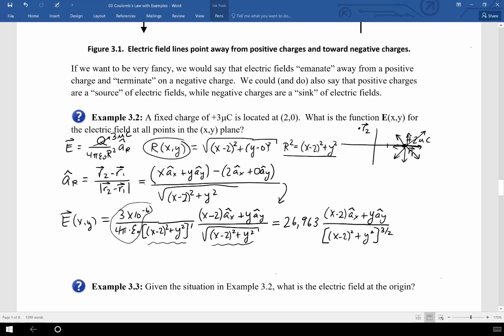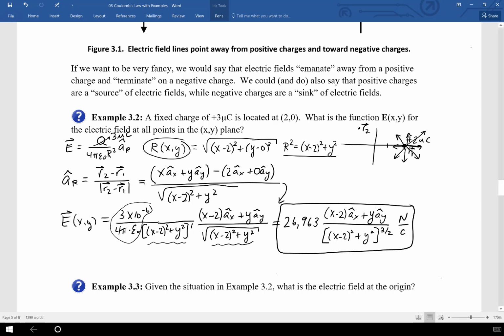And that will all end up being in newtons per Coulomb. So all I need to do is plug in a quantity for x and plug in a quantity for y, and I will then know what is going to be E at that location x comma y. So again, let me just take you quickly through it.